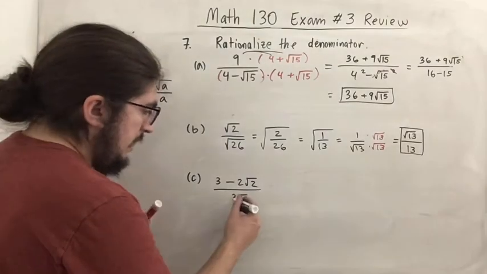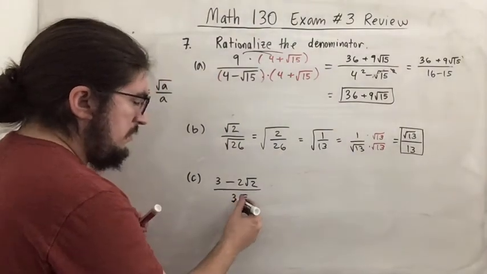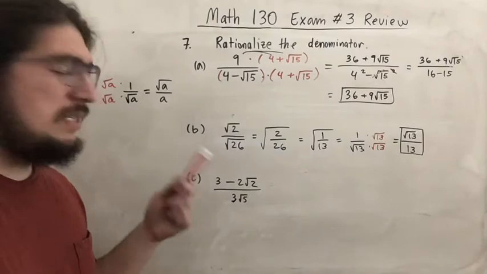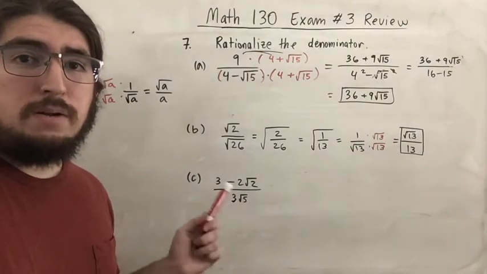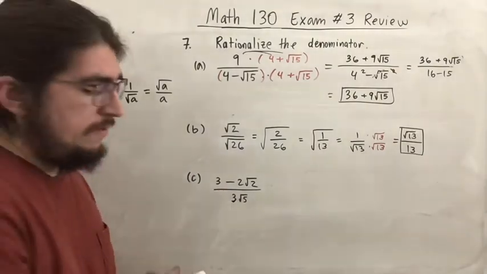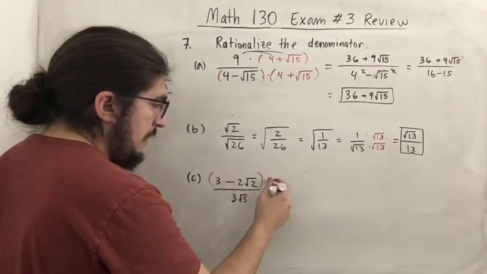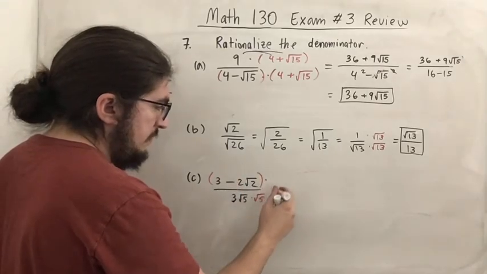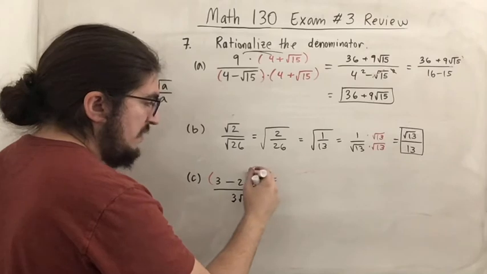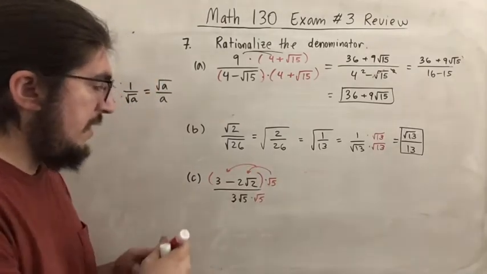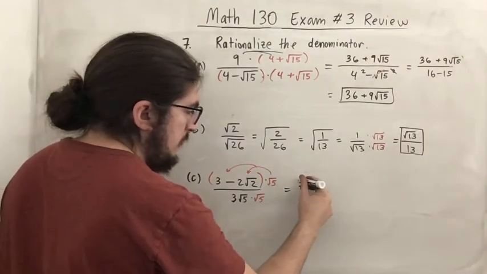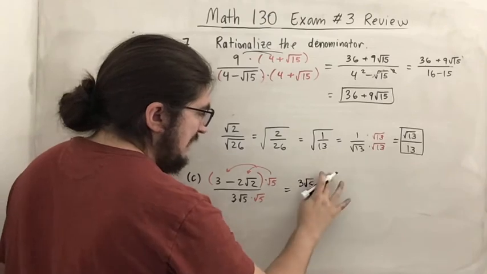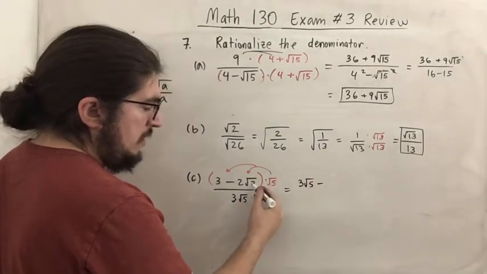Okay, this one is a little more specific, but it's a very similar idea. We want to multiply by the radical in the denominator, which is only radical 5. So we multiply top and bottom by the radical in the denominator, radical 5. Okay, we'll have to distribute this here. So we get 3 radical 5 for the first term, minus a radical 5 times radical 2 is radical 10.